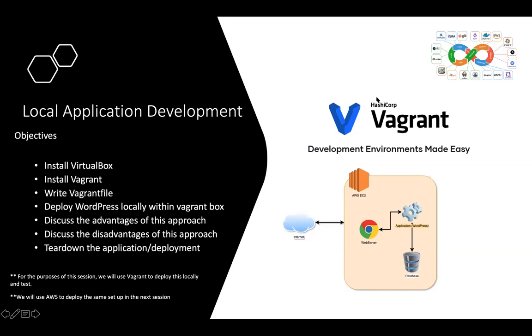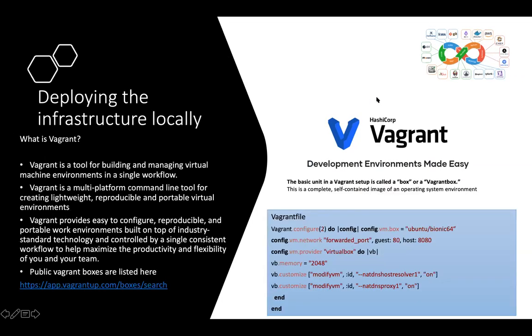Now, moving on to the next section. This is just a recap of what we discussed last time, but I'll still tell it again. What is Vagrant? You might have that question. Vagrant is a tool for building and maintaining a virtual machine environment in a single workflow.